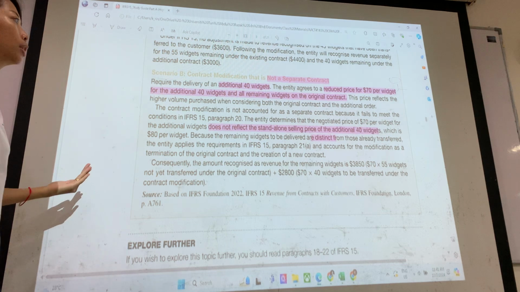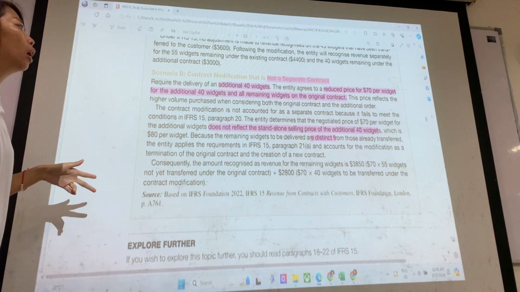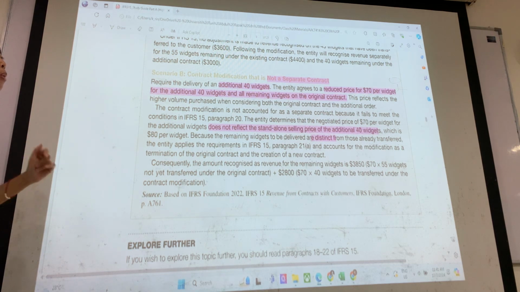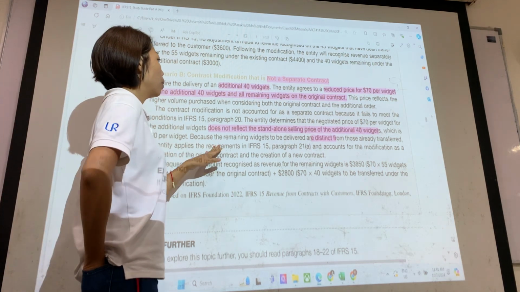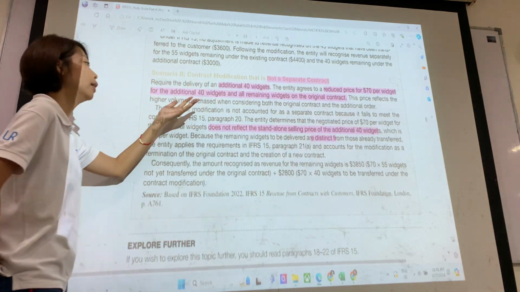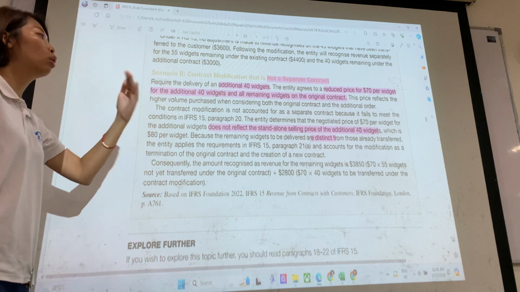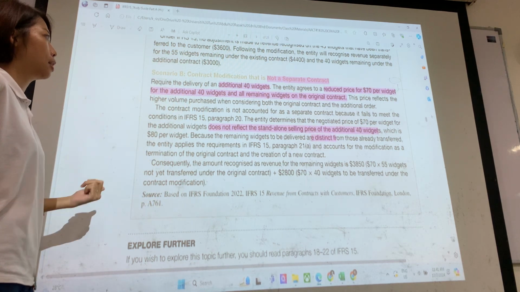You have to ask yourself two questions: whether they are distinct or not, and whether they have a stand-alone selling price or not. Now the first thing is, the widgets are distinct, because the 55 that have not been delivered and also the 40 additional ones that have not been delivered can be sold separately. They are separate from each other, so they are distinct.